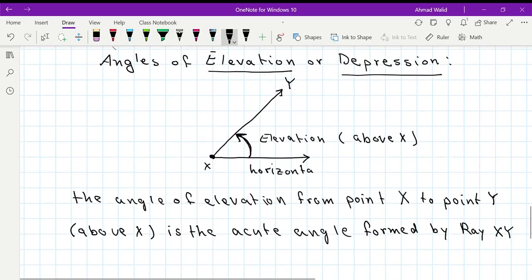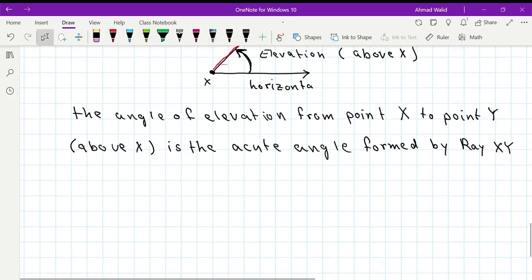It's formed by this ray XY and the horizontal ray with the endpoint X. The horizontal is again a ray.